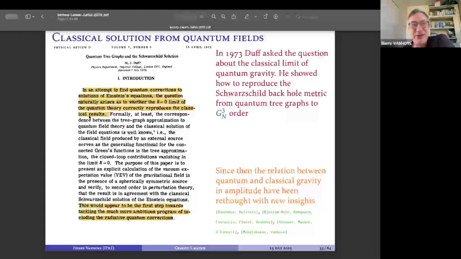Now I will move to something again in the line of connecting this quantum scattering amplitude to classical GR.